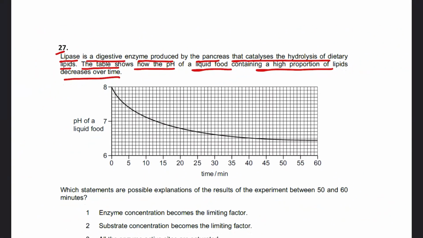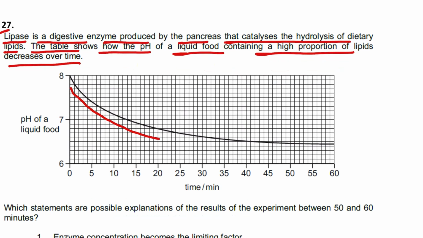So guys, can you tell me why the pH falls when the lipase is acting on the lipids? Obviously, when lipase acts on the lipids, they are broken down into fatty acids and glycerol, and the fatty acids decrease the pH. So what we see in the graph is that initially the pH is decreasing, and then from 50 to 60 minutes the pH becomes constant.